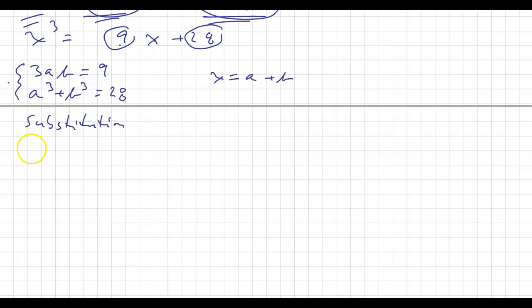I would divide both sides of this top equation by 3a. And in the bottom equation, I would substitute 3 over a for b.